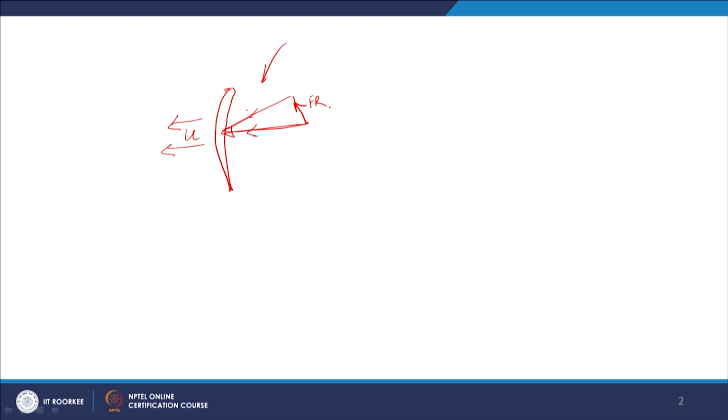Now, there is also the force due to change in axial velocity. Suppose in a velocity diagram there is a change in velocity in the axial direction.